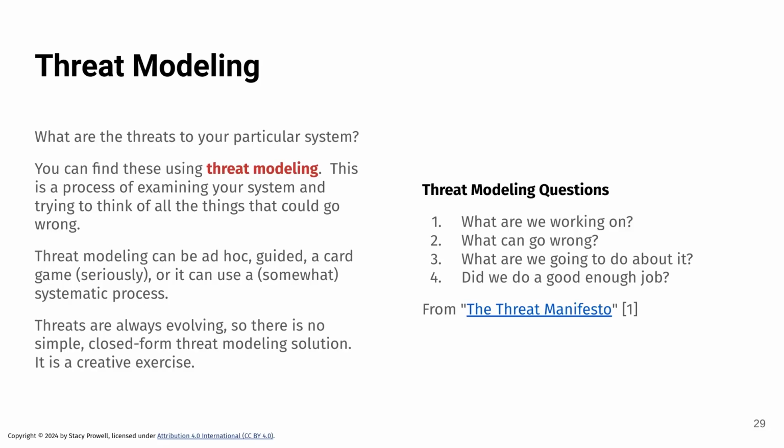There are lots of things that you don't know and realistically can't know when you're building your system. The point is, threat modeling is a creative exercise. We can try to systematize bits of it like asking these four questions, but at the end of the day, it's going to be you thinking about your system and the things that can go wrong, and it's necessarily going to be creative.